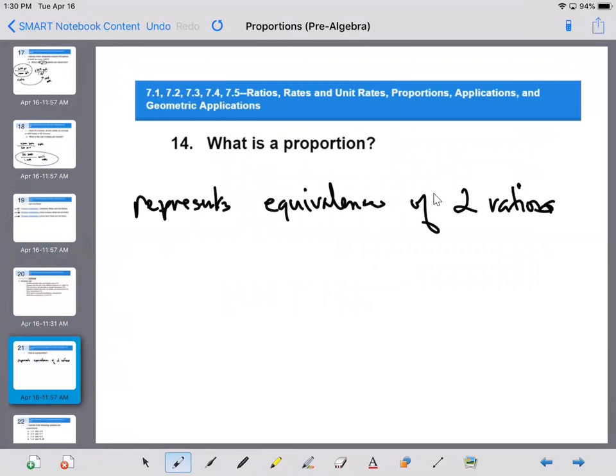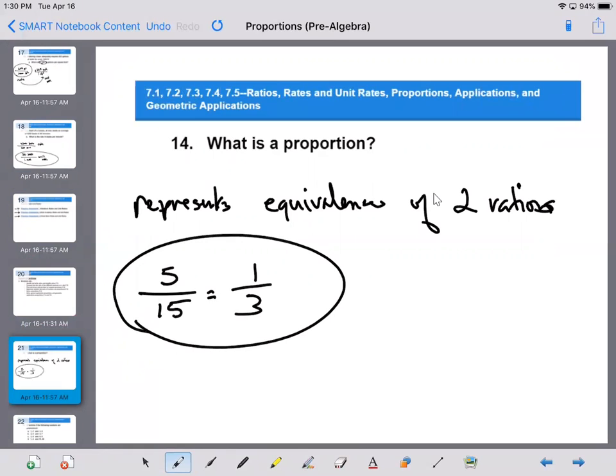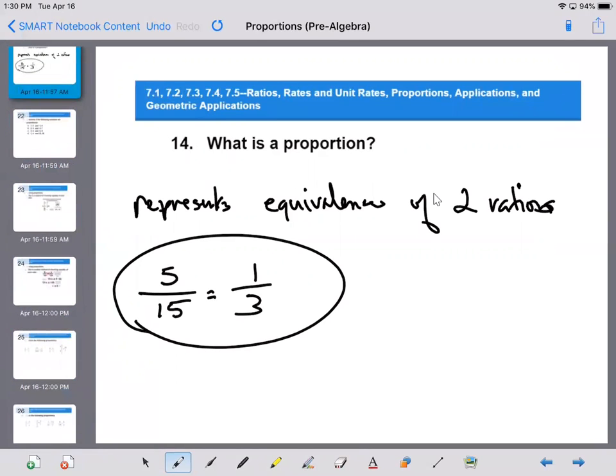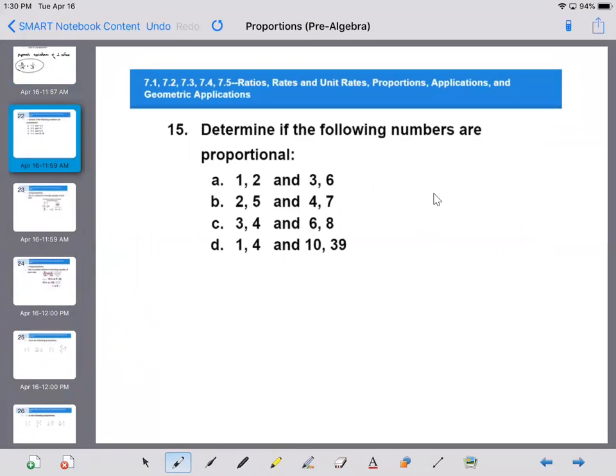So for instance, if we have 5/15, 1/3 is equivalent. These are equivalent ratios, but at different parts. One you've got out of 15 and one you've got out of 3 parts, but their ratios, their fractions are equivalent. So you could look at and determine if these are proportional.